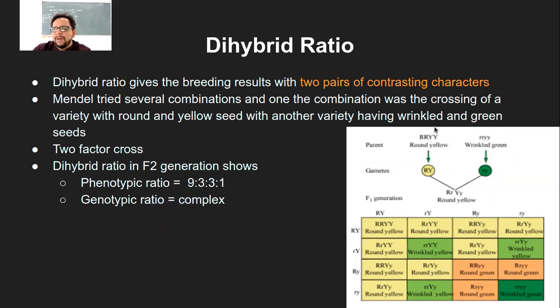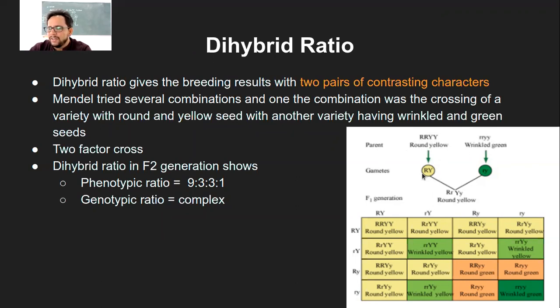And capital Y, that is denoting the seed color, that is yellow color of the seed. So that is also dominant. So it is homozygous dominant for both the traits, that is seed shape as well as seed color. And this is homozygous recessive again for both the traits, that is small r for wrinkled and small y for green.